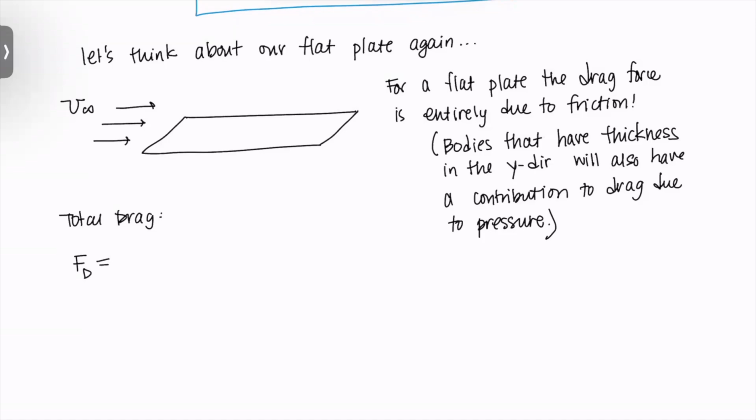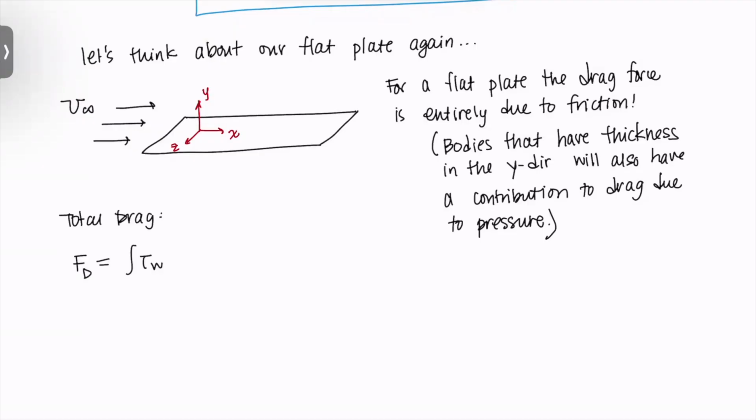Okay, so force of drag is equal to the integral of our shear stress at the wall times, and then let me put a coordinate system here. So this is y, of course, this is x, and then this is z.